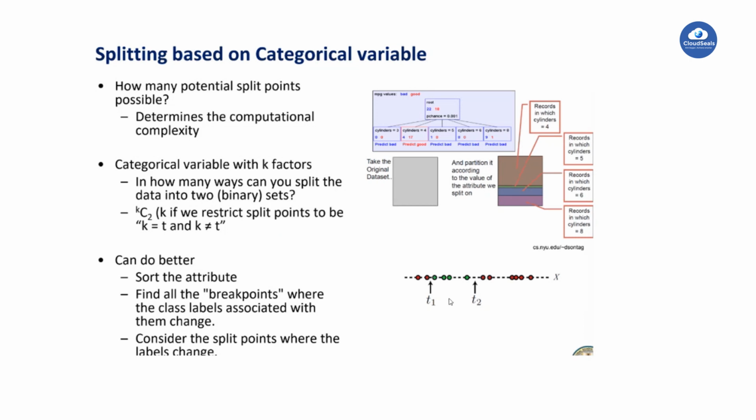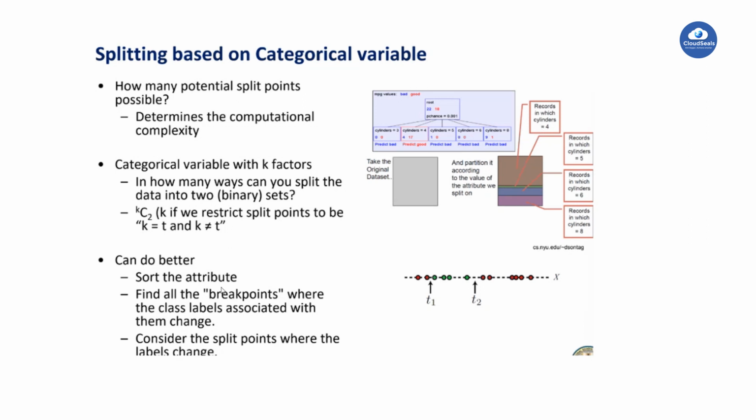That means, let's take these here. Green is good, red is bad. So we need to split all cylinders by sorting. Sort the attributes first, for example 3, 4, 5, 6, 8 like this.